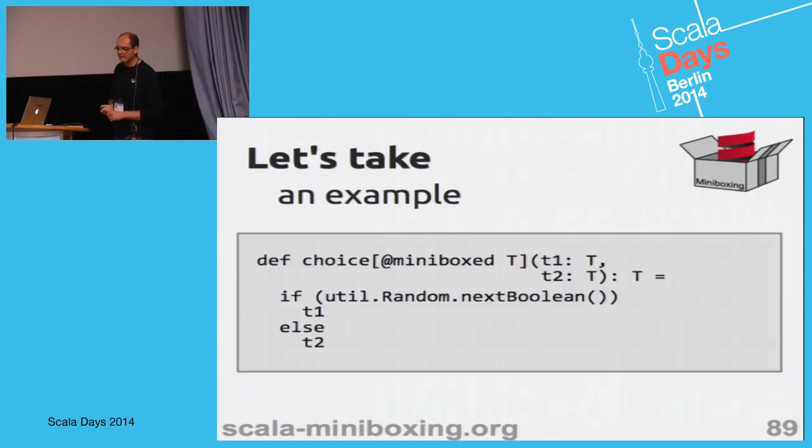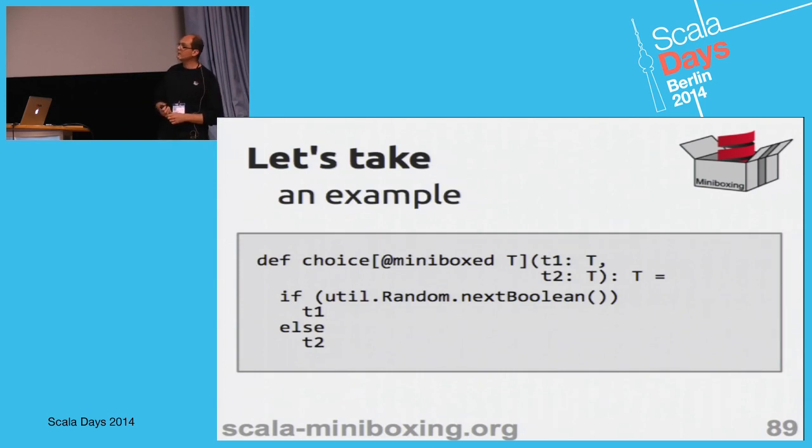So let's take an example. Choice is a simple method, it is generic, and it basically takes two type parameters and two values. And it makes a choice between either the first or the second argument. In this case, I made it random, so it will pick one of them.